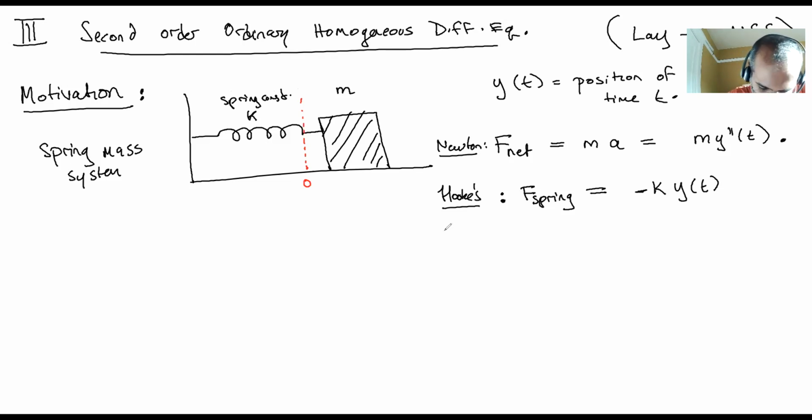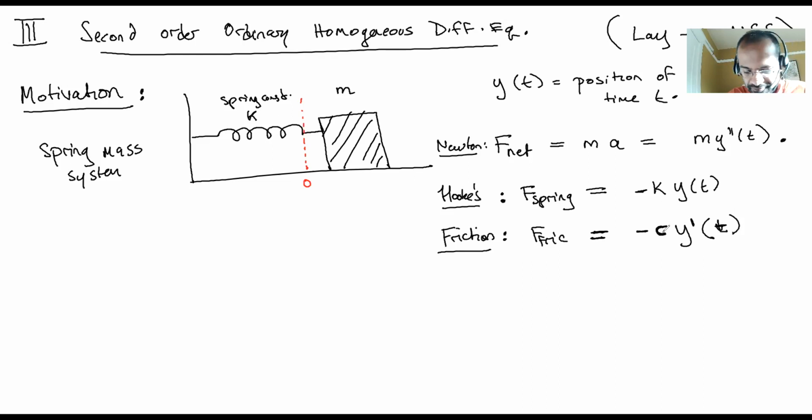And then finally, there's a frictional force. There's some model for friction in which the frictional force is proportional to the speed at which it's moving, so you get more friction the faster you move. Again, there's some constant, minus c, so it's trying to reverse the movement.